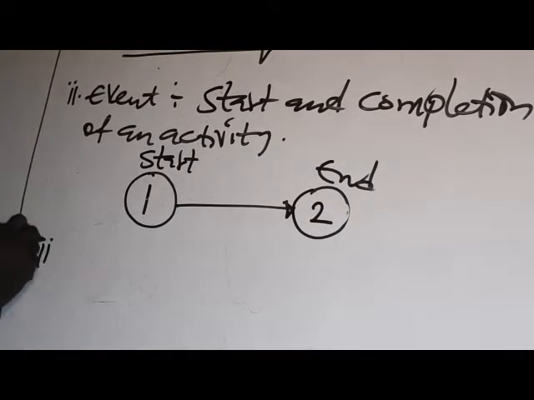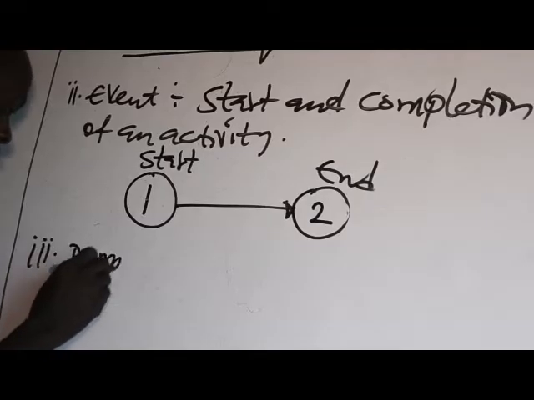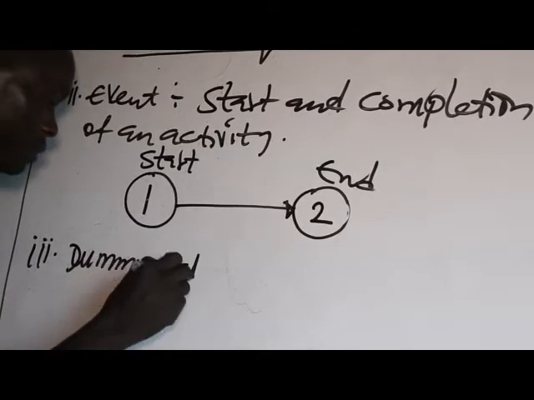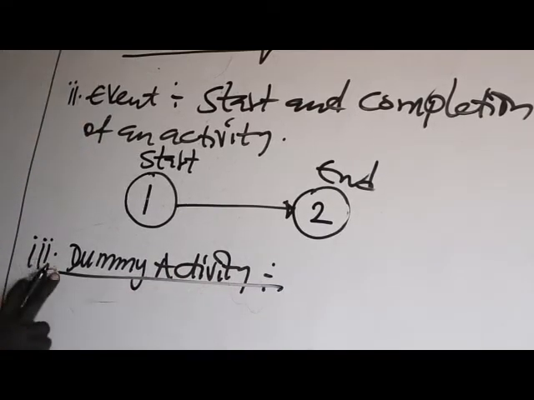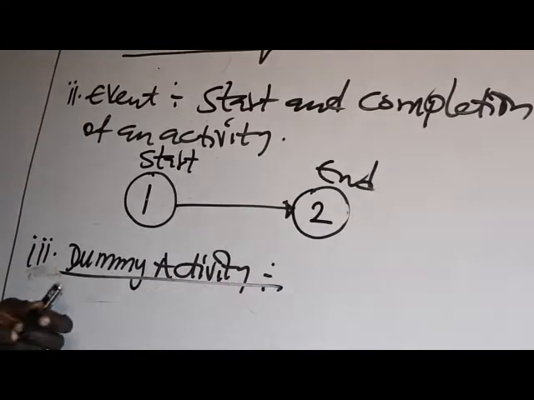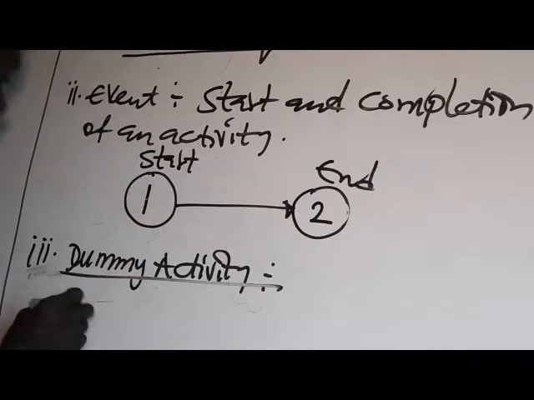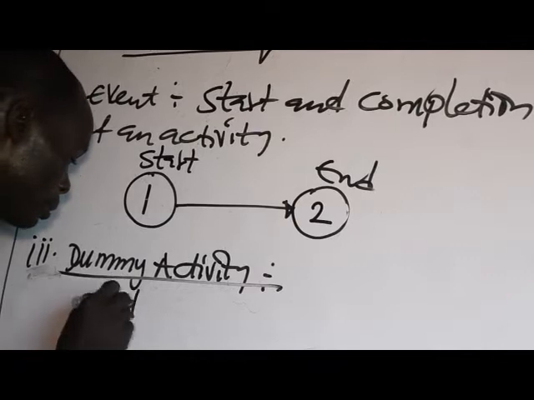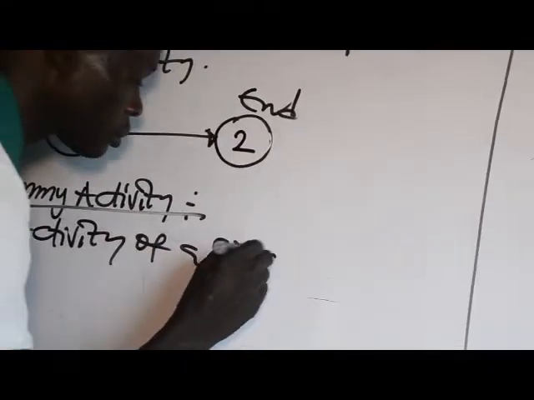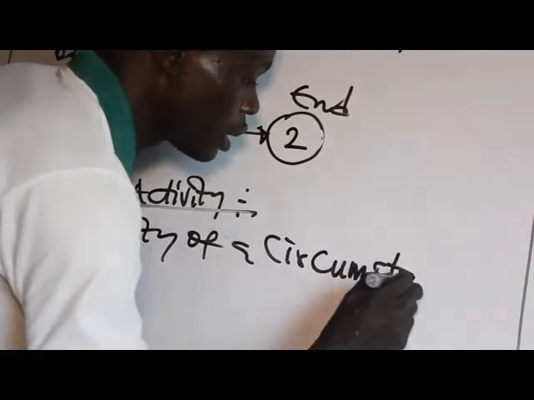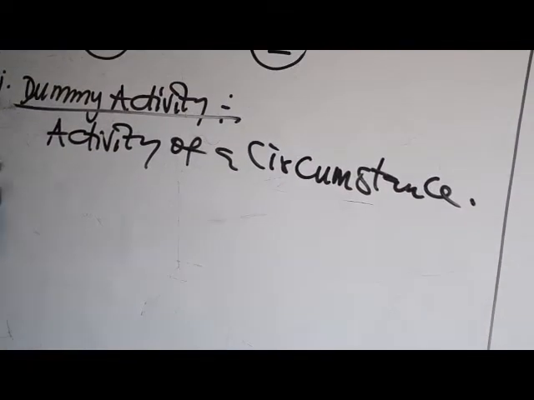Number 3, we have the dummy activity. What do you mean by dummy activity? This is an activity of a circumstance. An activity of a circumstance is said to be a dummy activity.